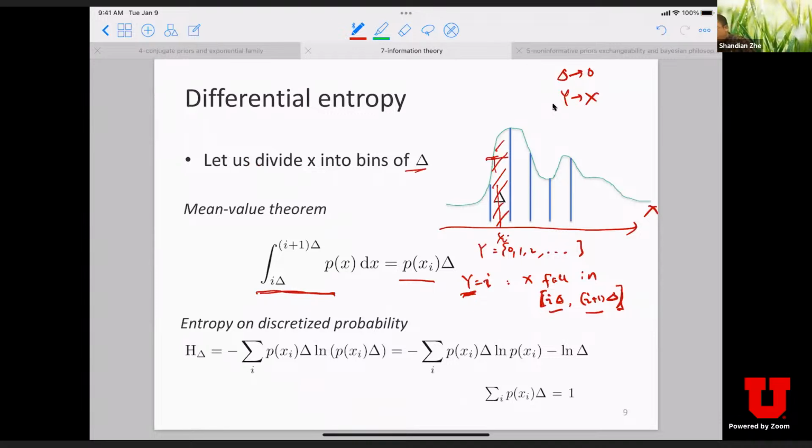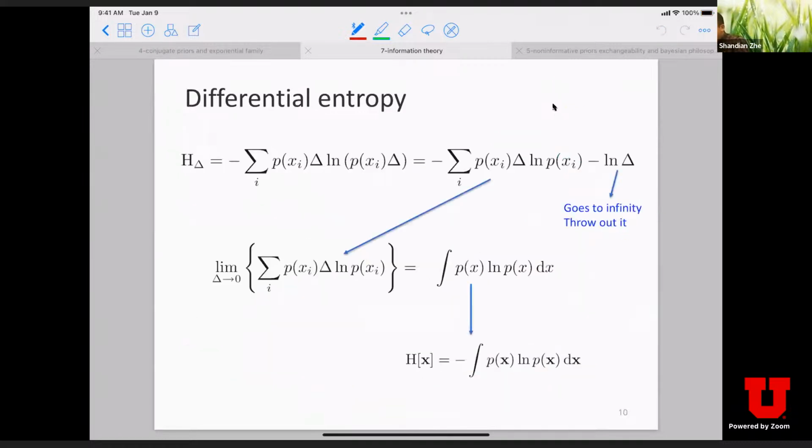Now just plug this result into the computation of the entropy of Y. You see that it gives a summation over all the bins of minus p(x_i) times delta times the logarithm of p(x_i) times delta, which is the logarithm of p(x_i) plus the logarithm of delta.